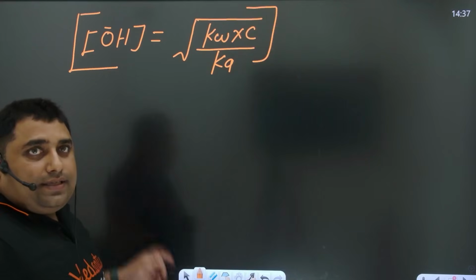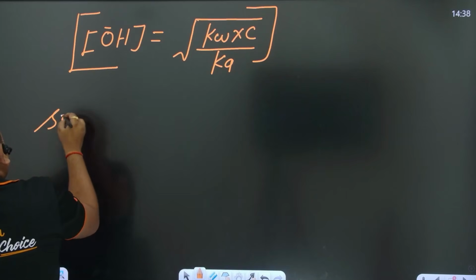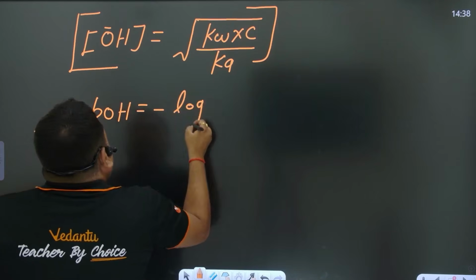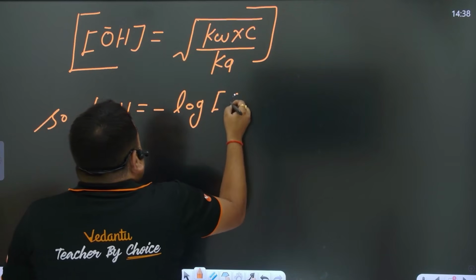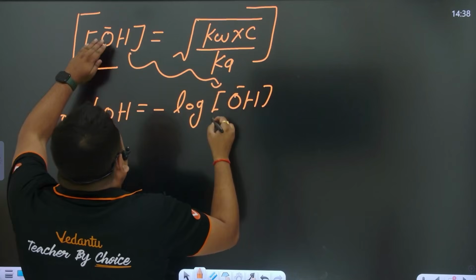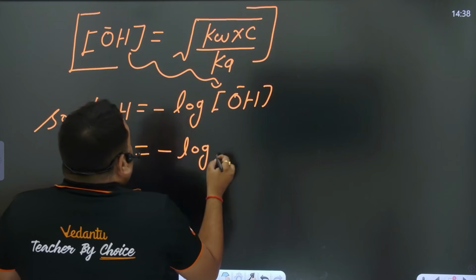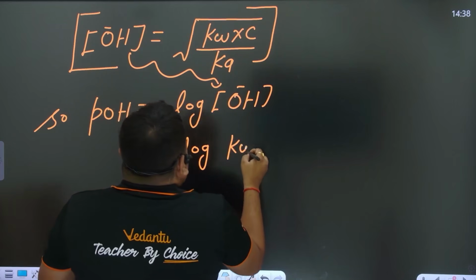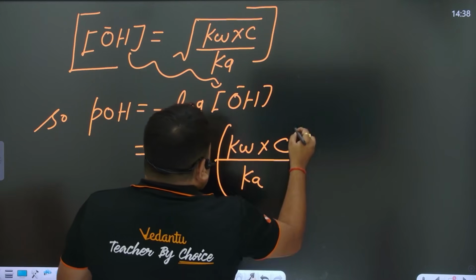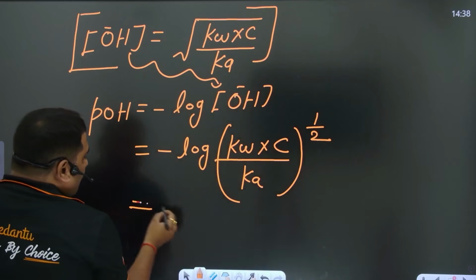So using the concentration of OH minus ion, you are able to calculate the pOH value. So pOH is equal to minus log of the concentration of OH minus ion. Now you put this value from here to here, then you get minus log of (Kw into C divided by Ka) to the power 1 by 2. Now you have to use the property of log.